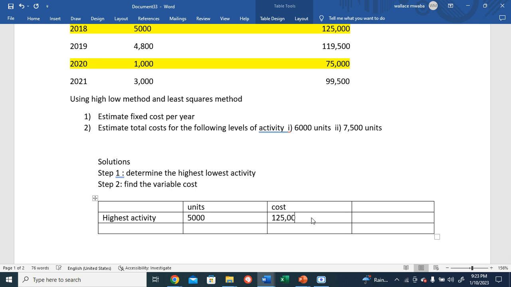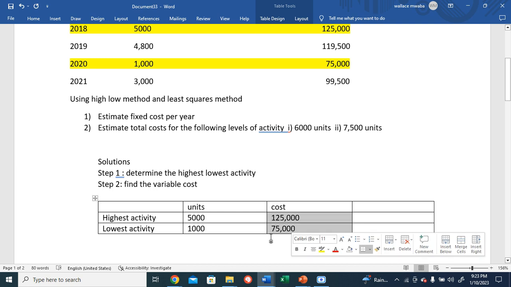We have 5,000 units with a cost of 125,000, and then the lowest activity, 1,000 units, with a cost of 75,000.